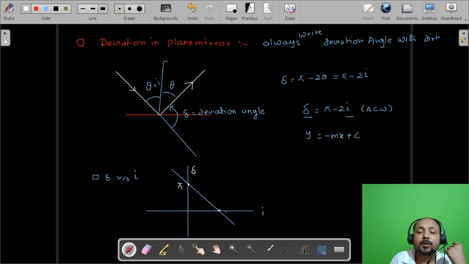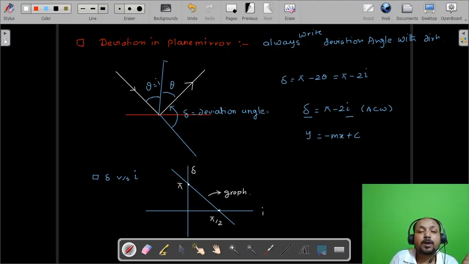At del equal to 0, I is equal to pi by 2, so here it is pi by 2. This is the required graph. And what will be the slope? Slope will be minus 2.